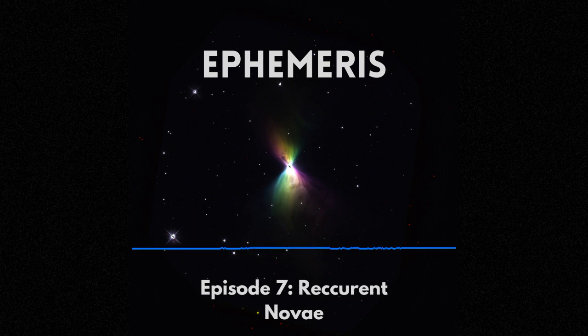So, additionally, it's said that recurrent nova's white dwarfs are expected to increase in mass with each outburst. And they attribute this to the fact that in the thermonuclear reactions of a classical nova, the creation of heavier elements is detected, as I think we talked about. But in recurrent nova, it isn't.